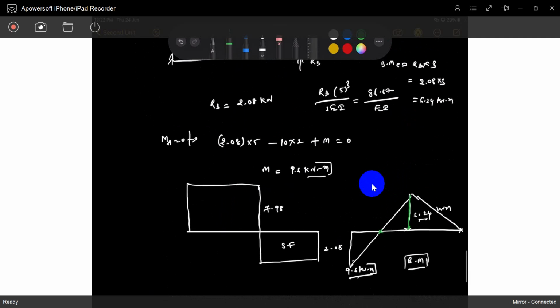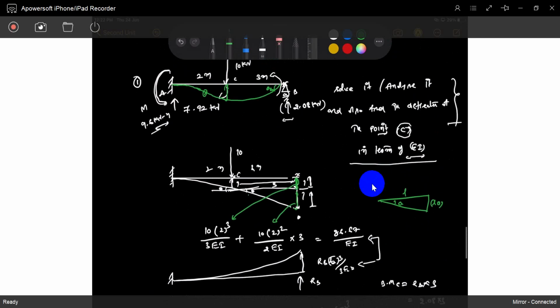Now I am asking what is the slope and the deflection at this location. How can you calculate it? You can use the area moment method, the conjugate beam method, anything.